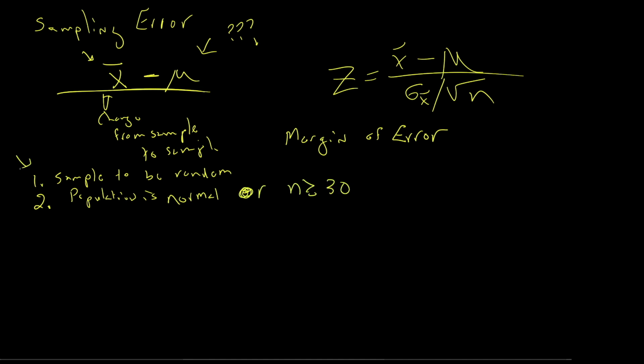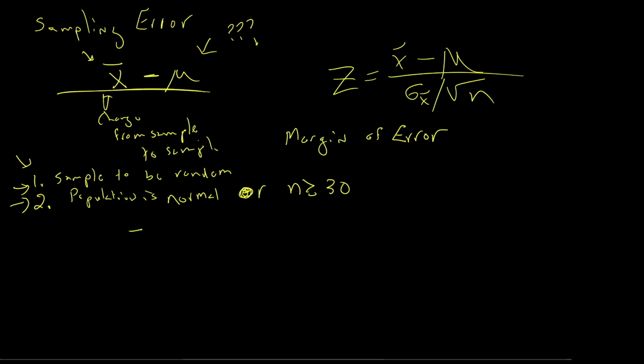And you're going to hear these criteria come up over and over again. We need things to be random because we're relying on the fact that we're not biasing things by choosing them. That randomness is letting us jump back and forth, and the central limit theorem holds so that we can use these bell curves, these Gaussians, these normal curves, and these z-scores to talk about where our data is.